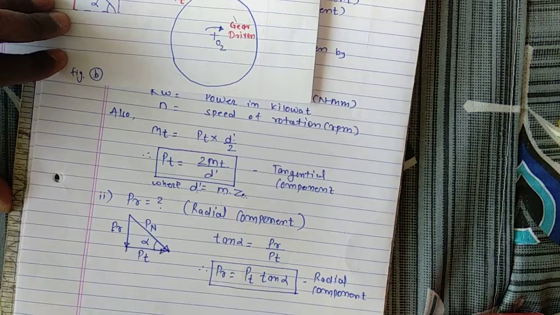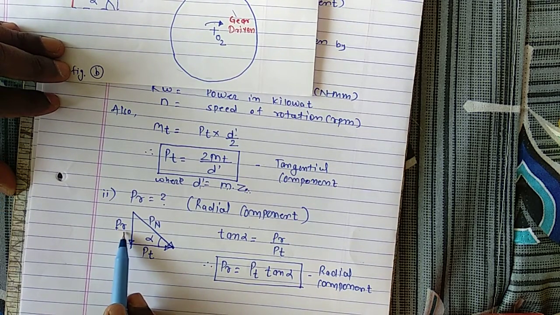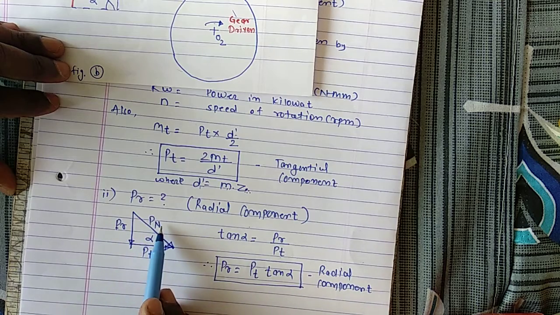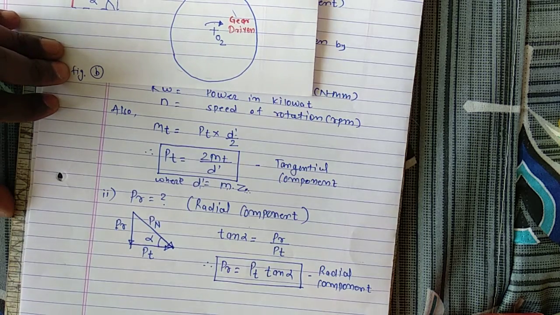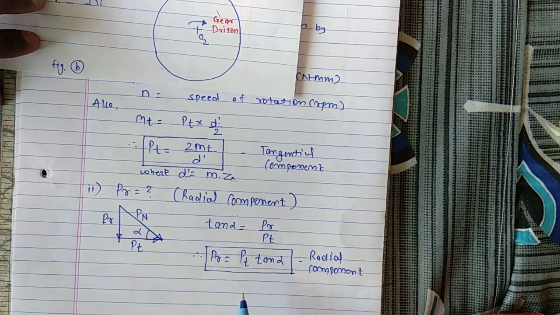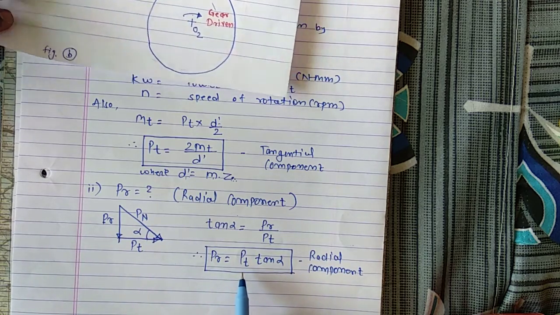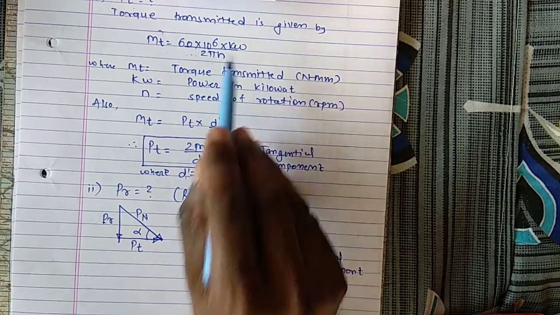One may ask, why have we not used opposite divided by hypotenuse, meaning sin alpha? Because we still do not know the value of Pn. And the standard practice is that we should always calculate forces like PR and Pn in terms of Pt, because Pt we can easily calculate from torque, and torque we can calculate from power.